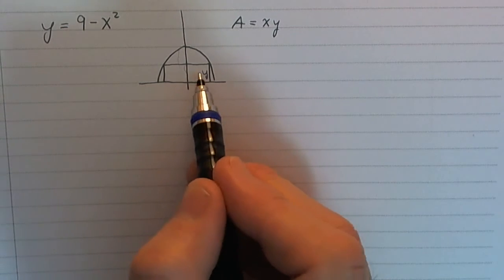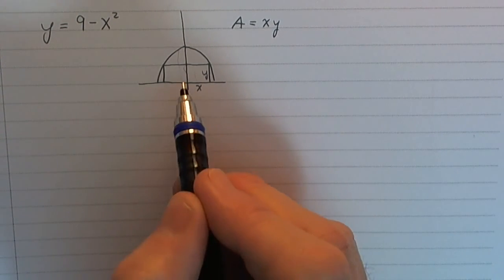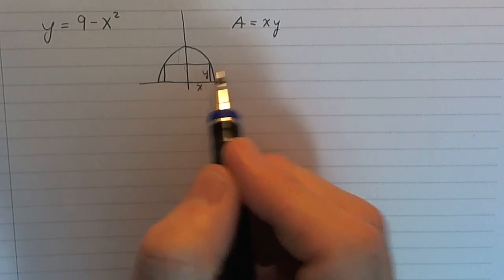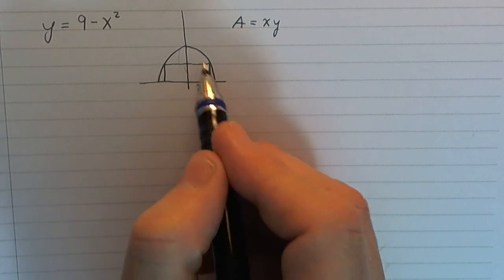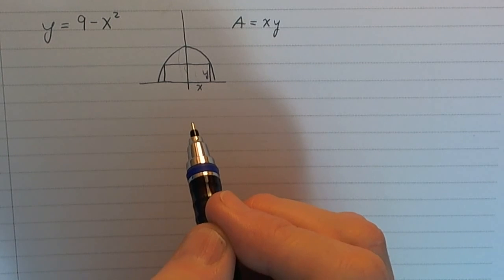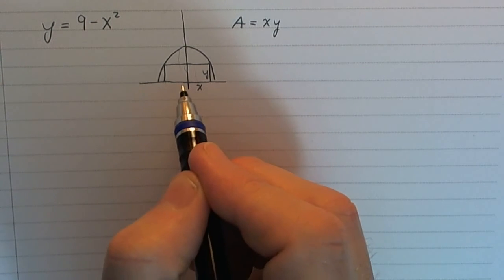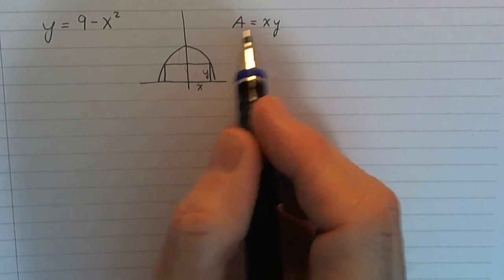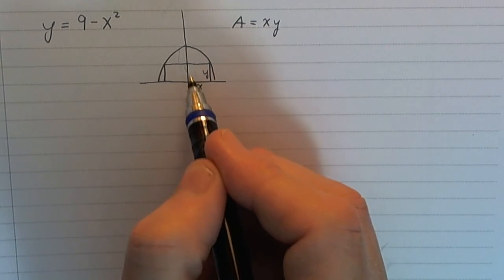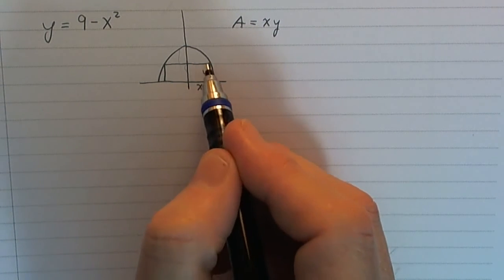There's symmetry going on here. Now, the area is going to be 2 times x times y. That's the area that we're actually looking for. But for simplicity's sake, I'm just going to focus on this one little rectangle right here.